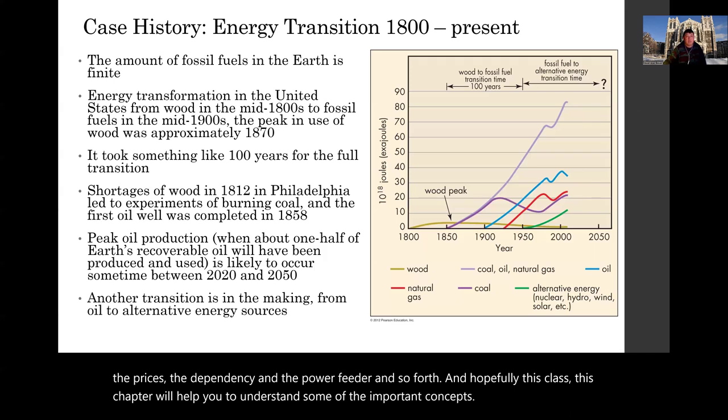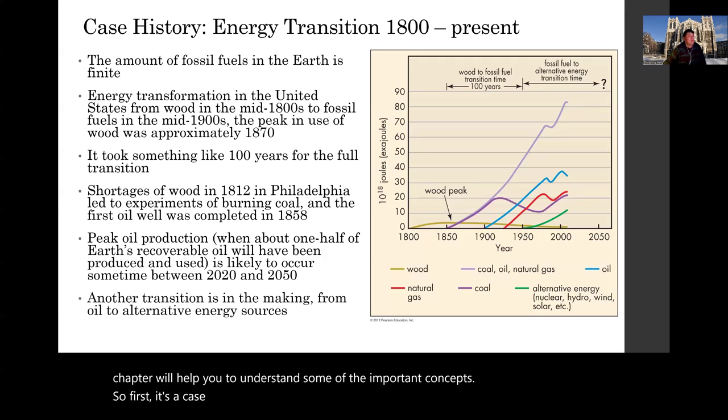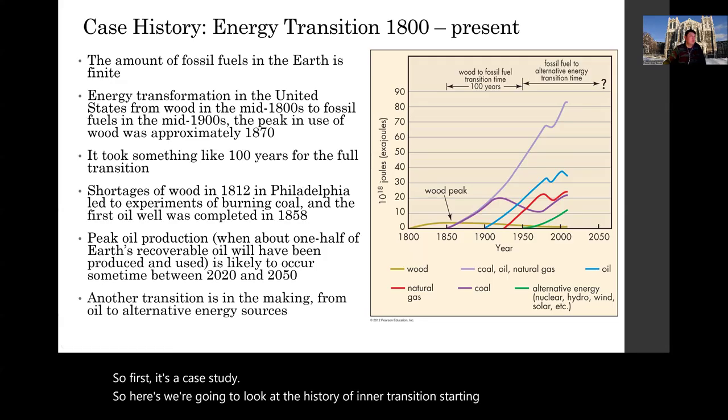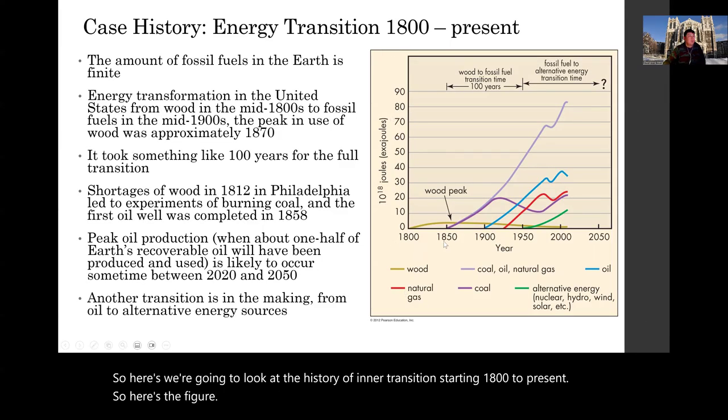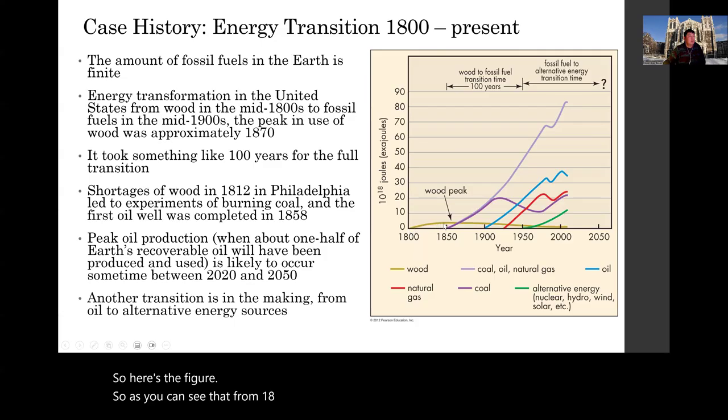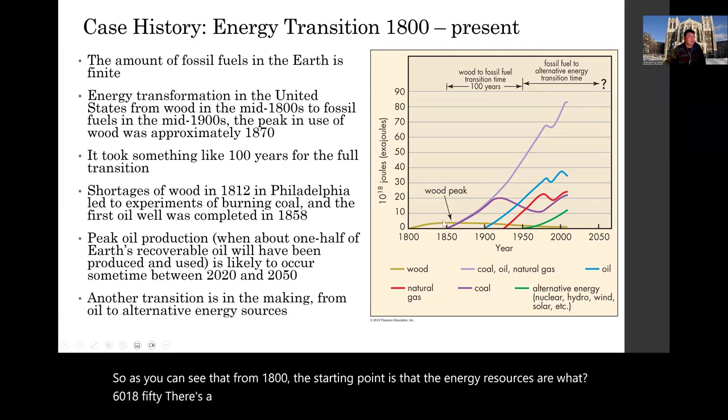First, it's a case study. We're going to look at the history of energy transition from 1800 to the present. Here's the figure. As you can see, from 1800 the starting point is that the energy resource is wood. About 1850, there's a wood peak.